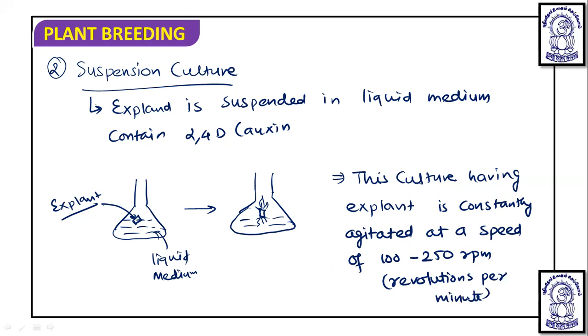It is constantly agitated so that the cells can gain nutrients properly and they cannot form a clump. So to avoid clumping, this revolution or agitation is done.